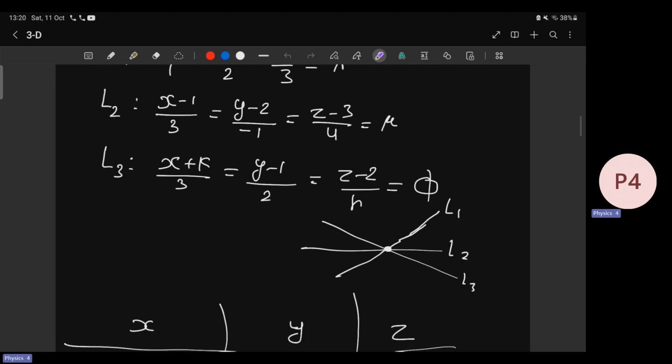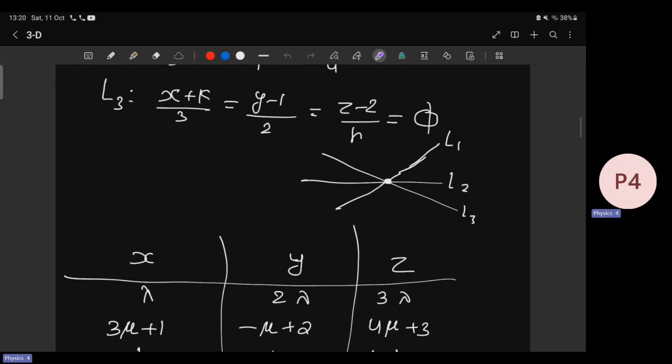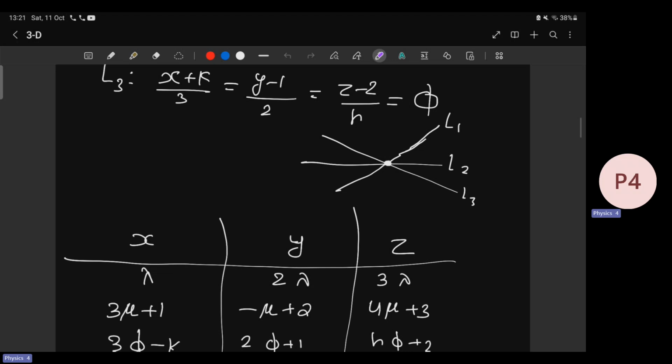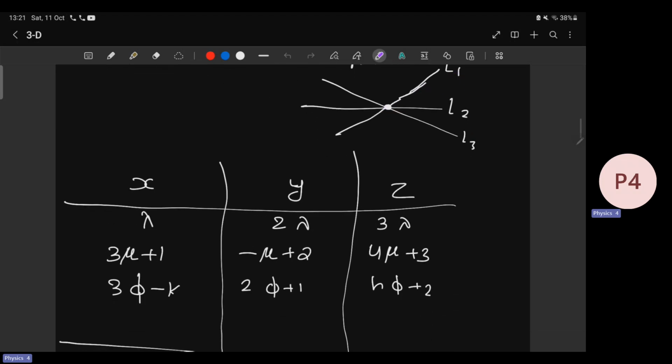The three lines are concurrent when they are passing through a common point. So if L1, L2 and L3 pass through a common point, then these three lines will be concurrent. All right, so we have to find the condition of concurrency.